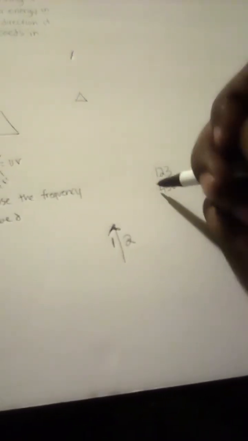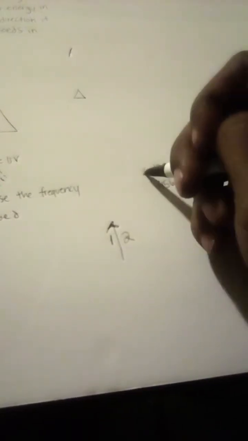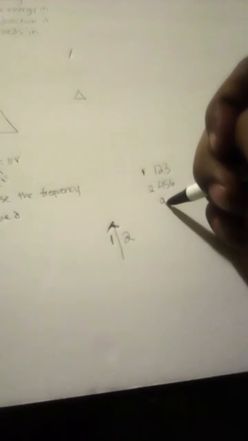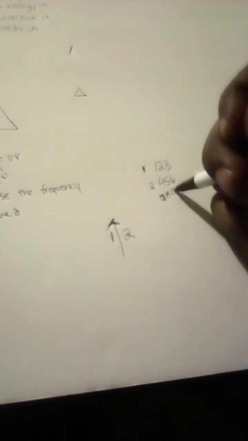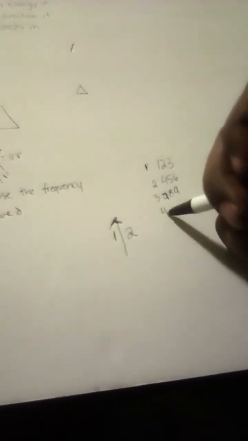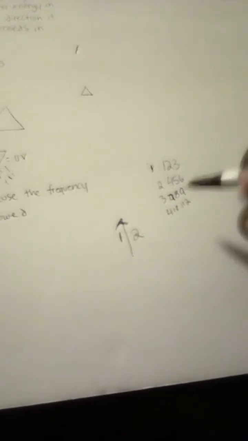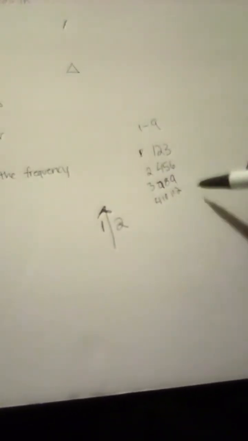That's 1 quarter. 4, 5, 6, that's the 2nd quarter. Then you have 7, 8, 9, which is the 3rd quarter. Then you have 10, 11, 12. The thing about 10, 11, 12, because there's no number greater than 9, it repeats.